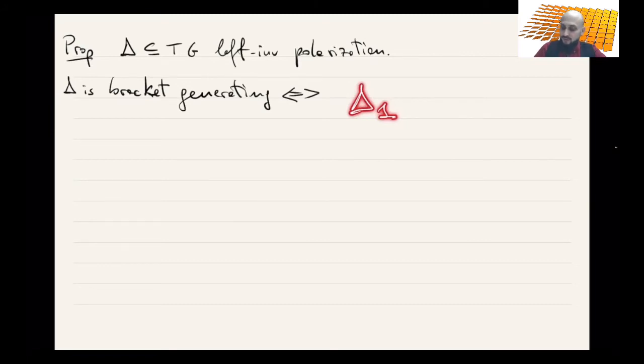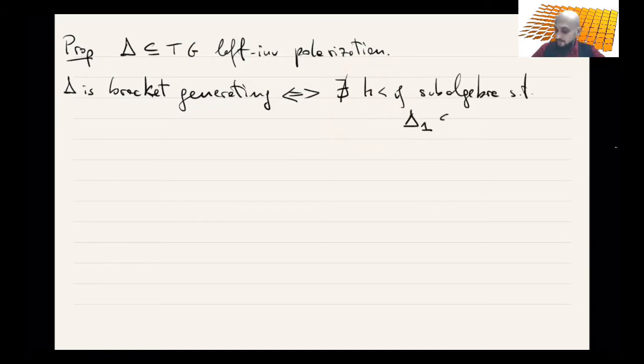In other words, this space generates the Lie algebra. So let me write: there exists no subalgebra H inside 𝔤 such that it contains Δ1 and is not the whole Lie algebra 𝔤.